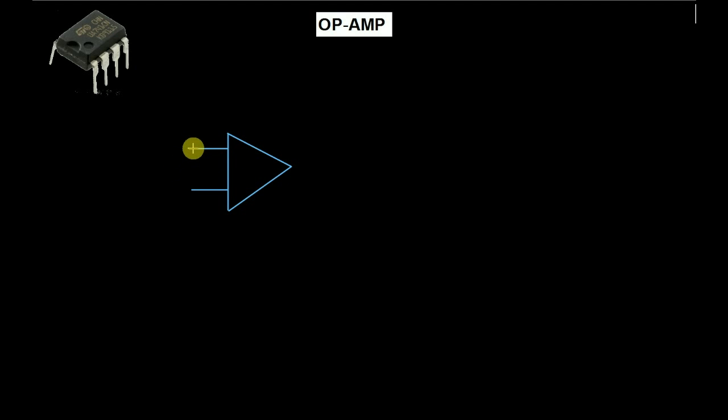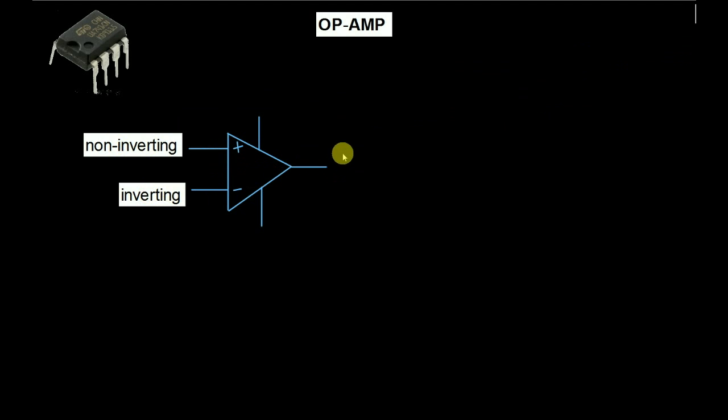These are the inputs. This is the plus input, and this is the minus input, and one output. It also has two biasing terminals. One is plus VCC and another is minus VCC. We call the positive input the non-inverting terminal or non-inverting input, and the negative input the inverting input or inverting terminal.